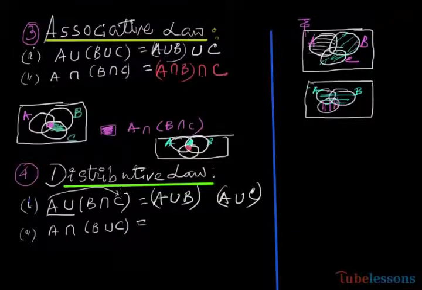Mind that we are writing A union, and we are also writing A union. Now there are two sets B and C, so first operate with B and then operate with C.